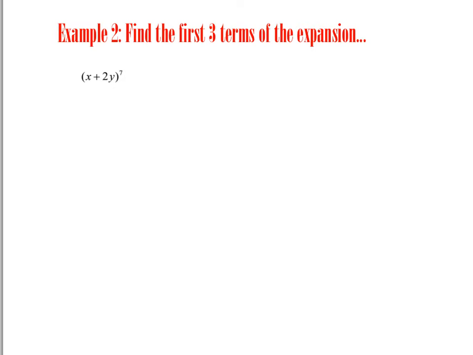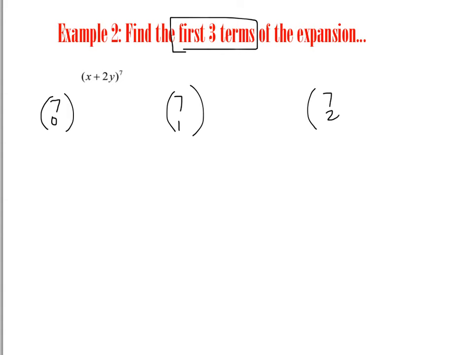Example 2, find the first 3 terms of the expansion. So even though it's to the 7th power, we're only going to find the first 3 terms, which means I need the coefficients 7 choose 0, 7 choose 1, and 7 choose 2. I would go a to the 7th, a to the 6th, a to the 5th, but remember here our a this time is x. So I'll go x to the 7th, x to the 6th, x to the 5th.